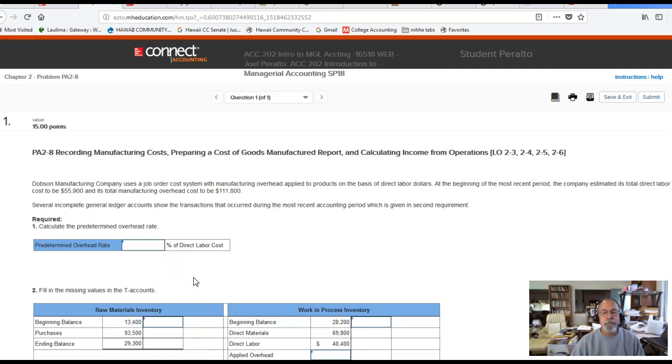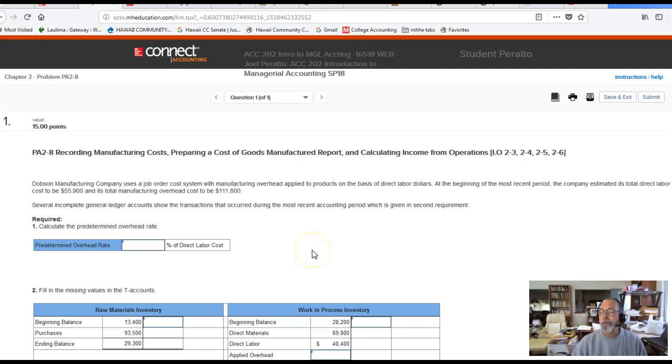Okay, Dobson Manufacturing Company uses a job order cost system with manufacturing overhead applied to products on the basis of direct labor dollars. So this allocation scheme is more like problem 2-1 and 2 that we worked on earlier.